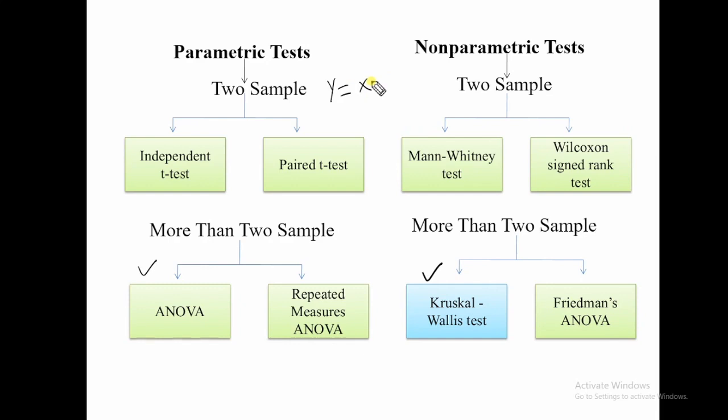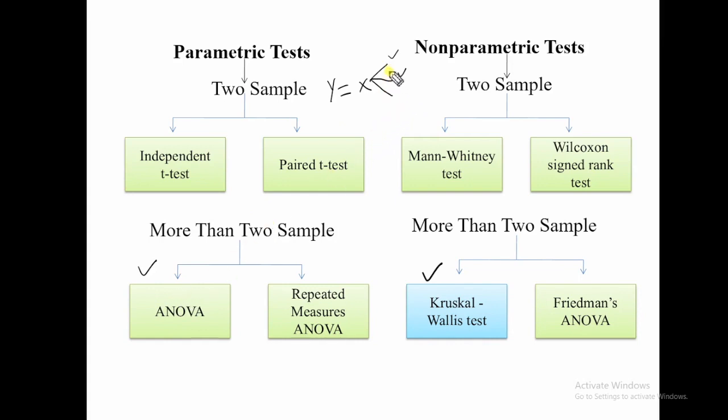It means there are more than two categories, like 1, 2 and 3. There are 3 levels. The limitation of the independent t-test is that we can compare only 2 categories or 2 levels. But when we have more than 2 levels, then we use analysis of variance.